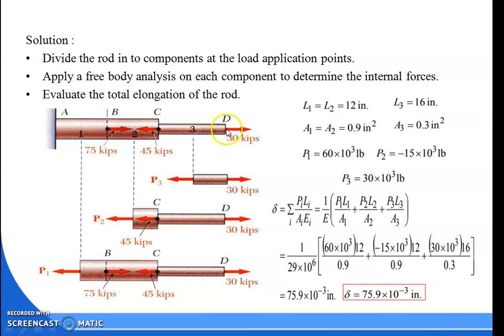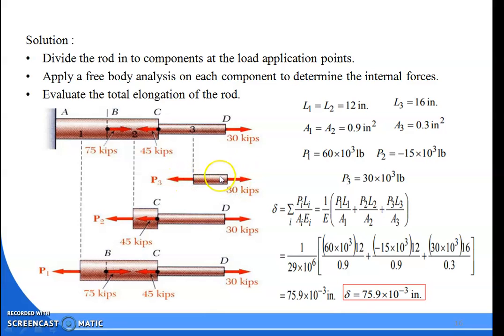If we draw the free body diagram of the CD part, then we put this force over here. Due to this force, the body exerts an opposite force along this axis, because it is an axial load.